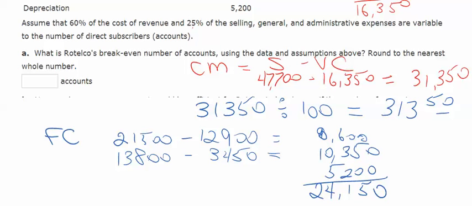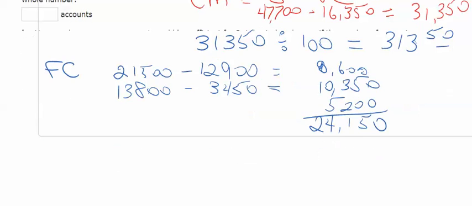Then I can take that number, divide it by my contribution margin per unit here of $313.50, and that would tell me the break-even number of accounts.